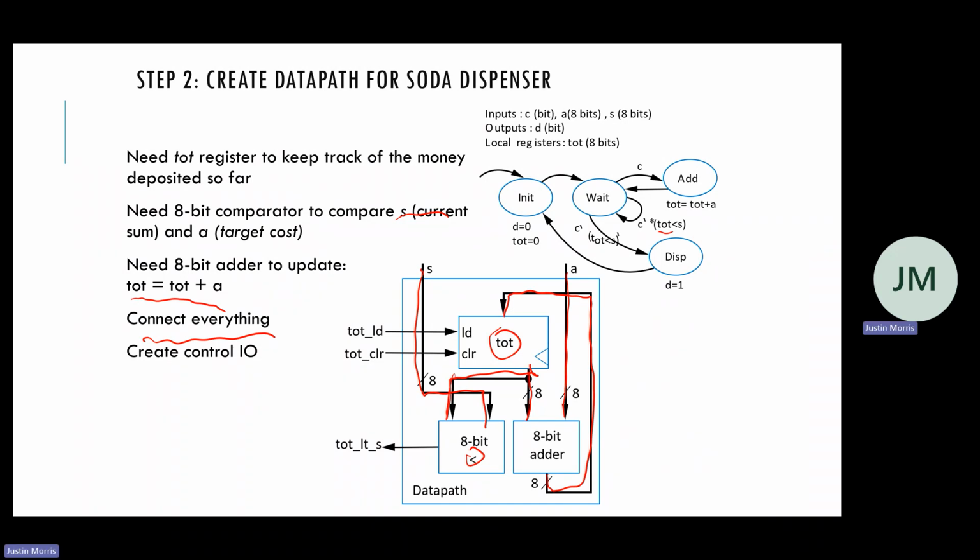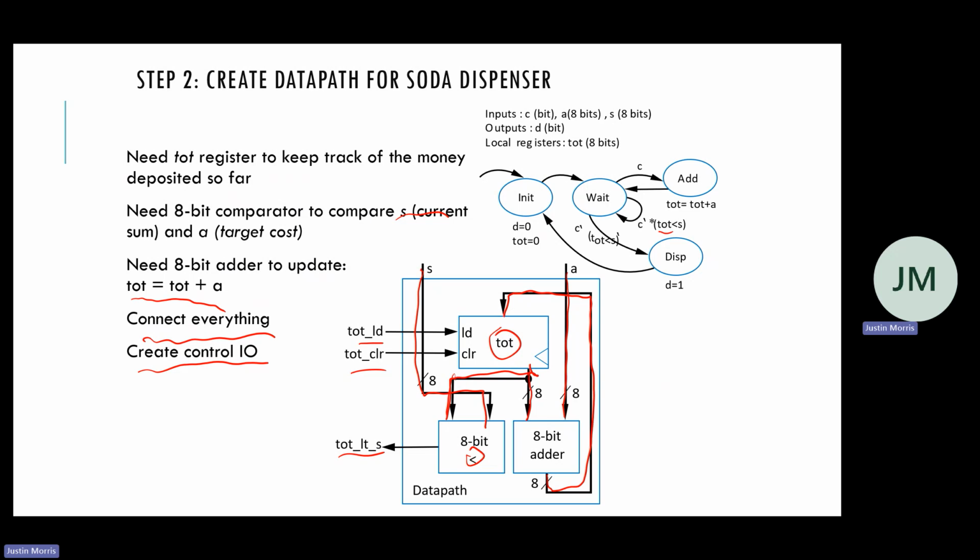And then the next step is to create the control. So we have all of these control signals, right? Total is less than S, clear, load. Now we need to create the control block in order to process these signals. So the signal coming out of the comparator, is that like a single bit?